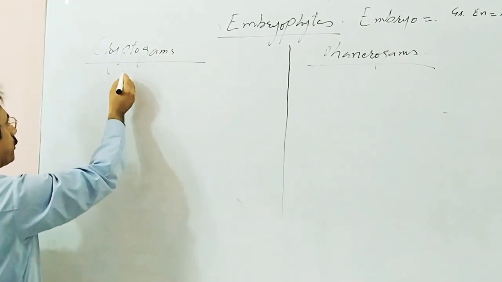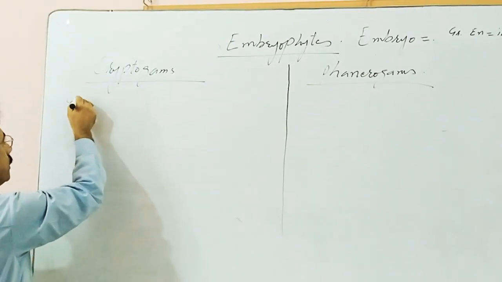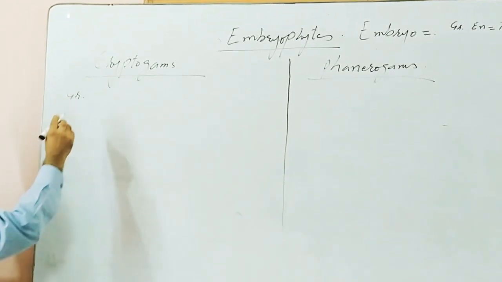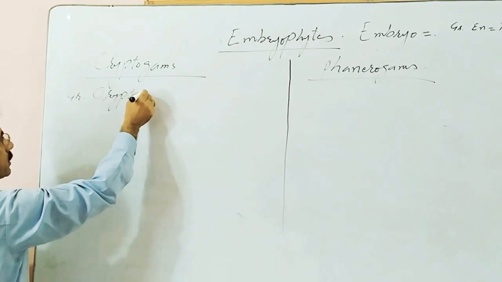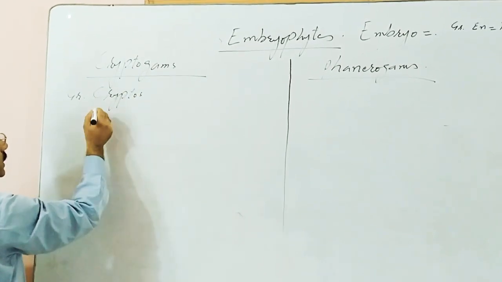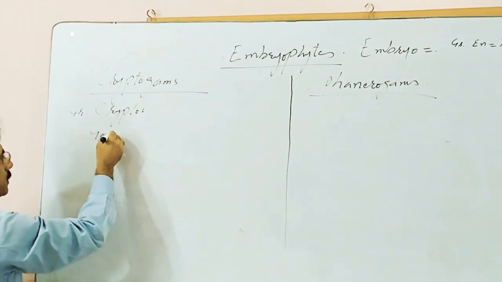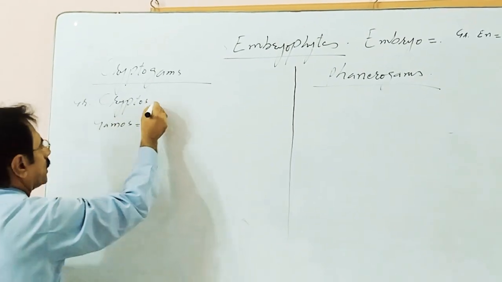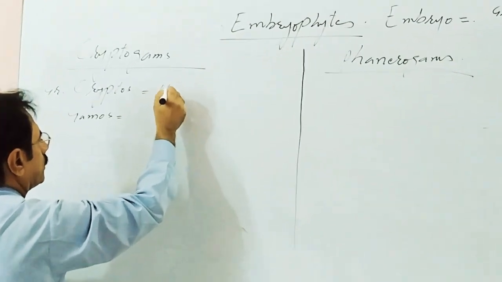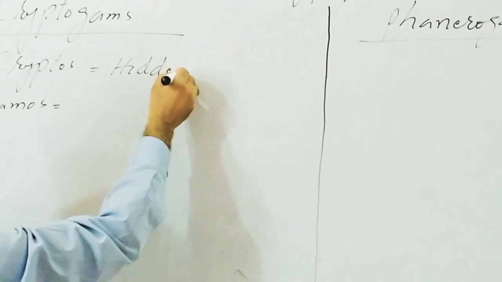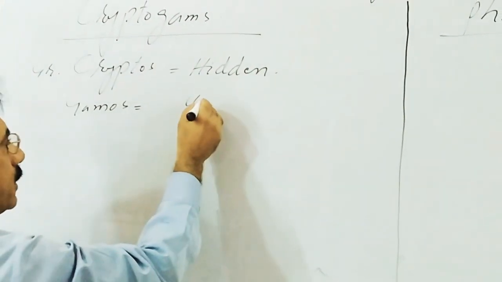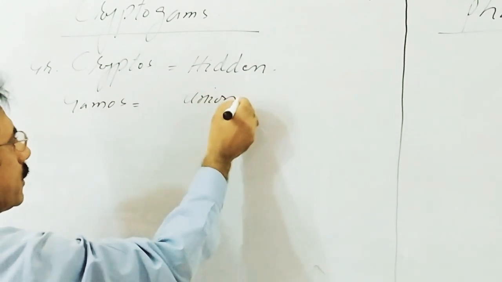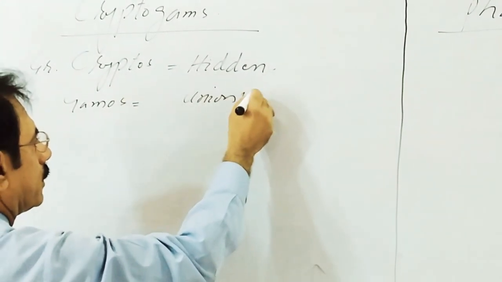The word cryptogams is the combination of two Greek words, cryptos and gamos. Cryptos means hidden, and gamos means union or fusion.